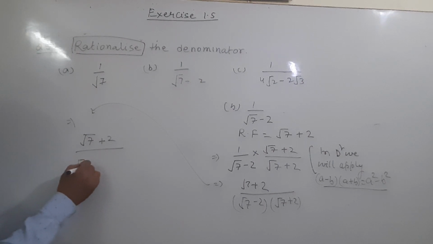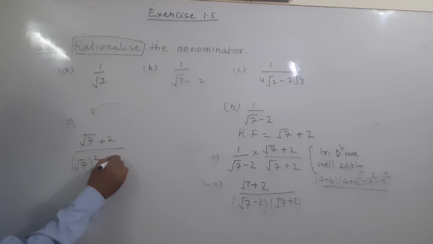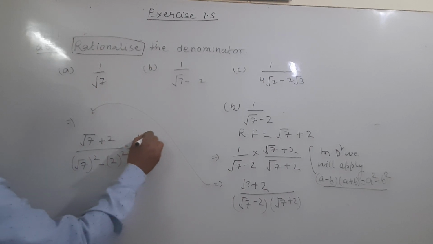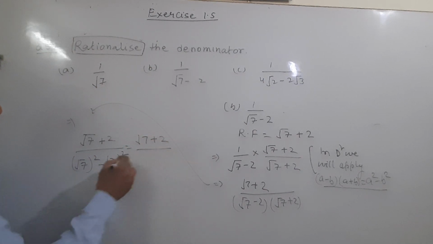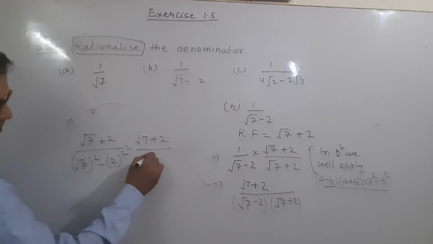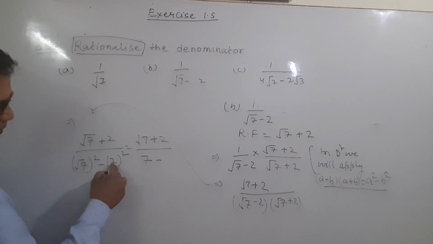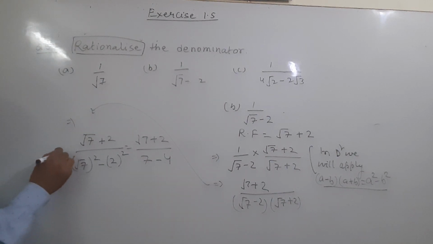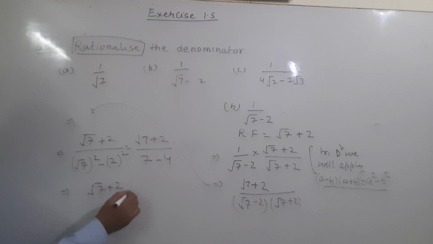Root 7 square minus 2 square, so root 7 plus 2 upon 7 minus 4. Then root 7 plus 2 is the same upon 7 minus 4, which is 3.